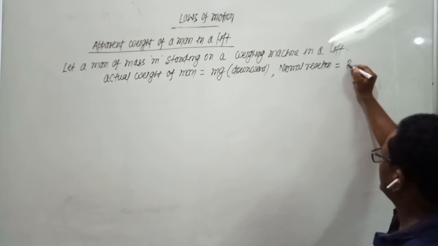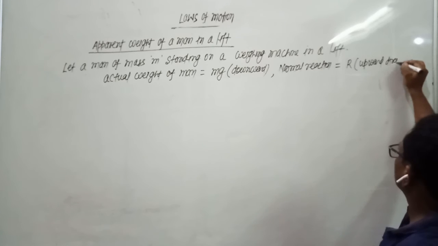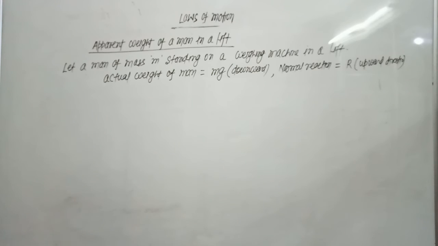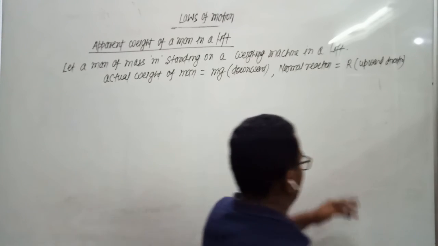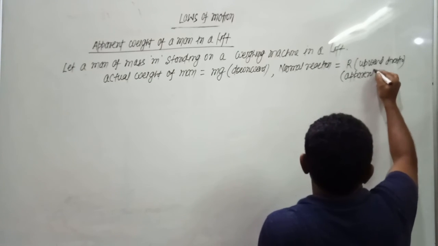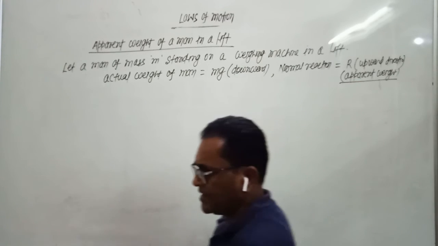Normal reaction is represented by R. This normal reaction R is also known as apparent weight, which is not the actual weight.